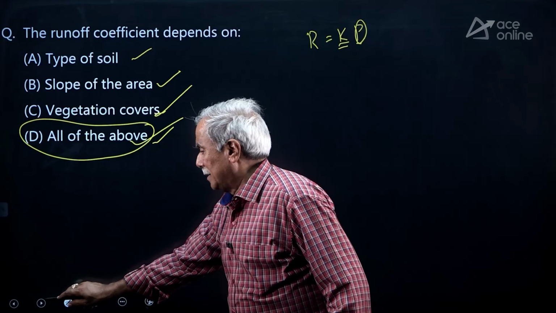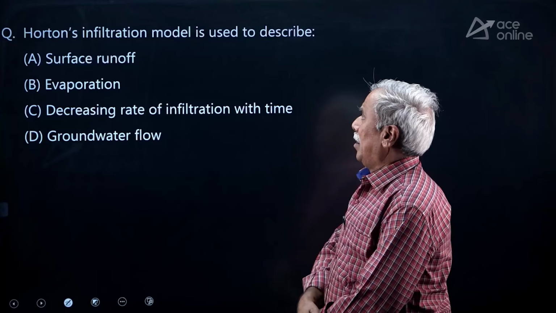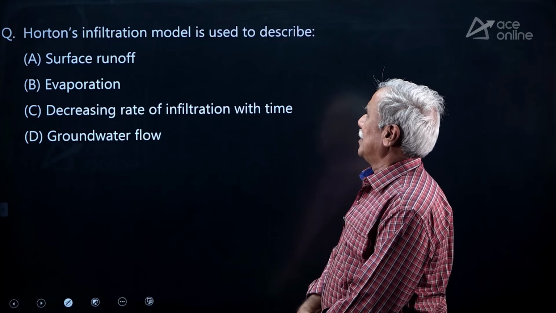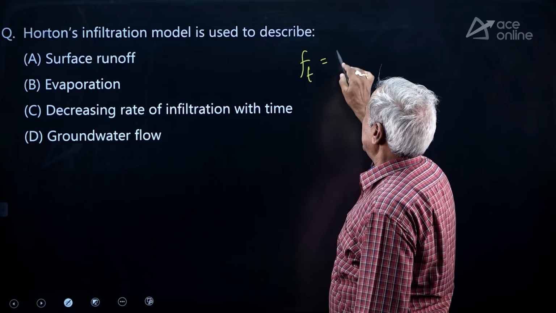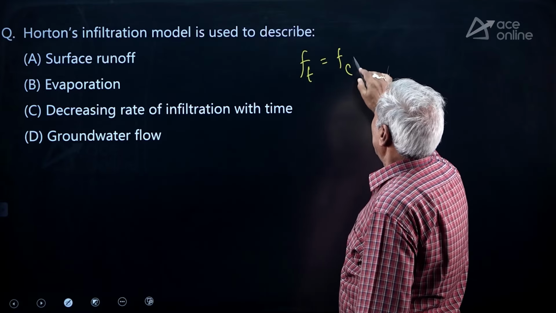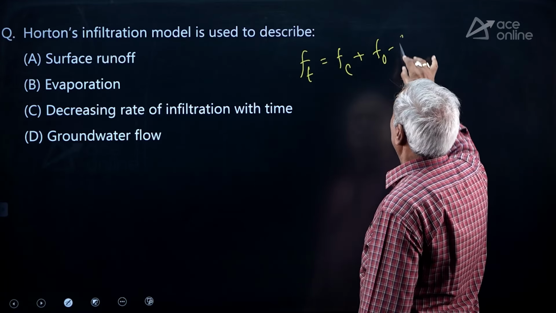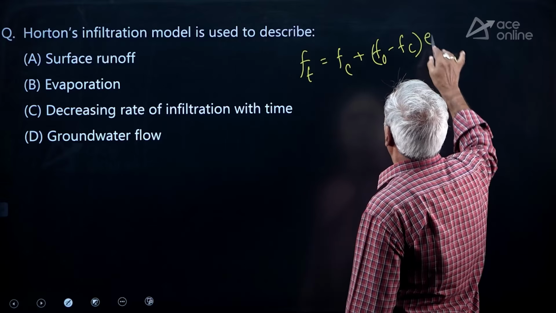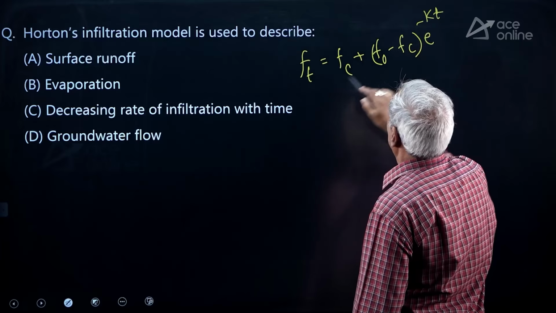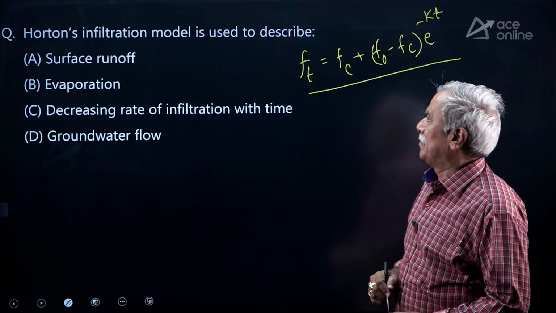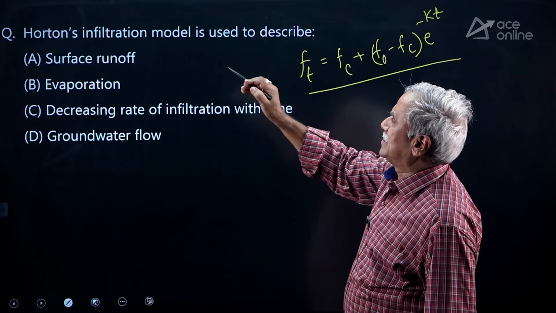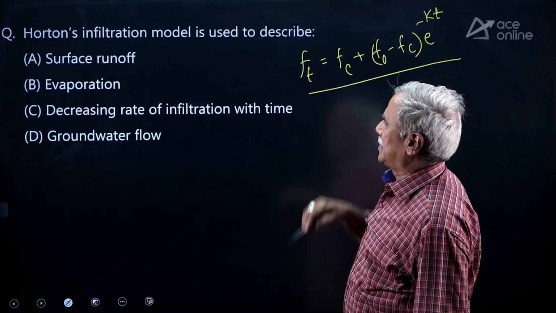Let us see the second question. Horton's infiltration model. We know, my dear friends, Horton's infiltration curve: Ft is equal to Fc plus (F0 minus Fc) into e power minus Kt. This one is called Horton's infiltration equation. So it is asked, Horton's infiltration model is used to describe what?